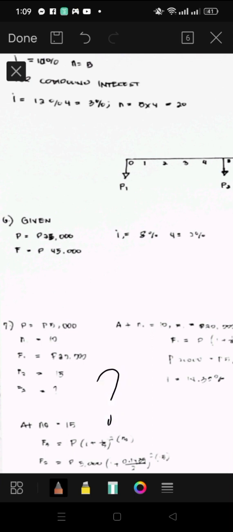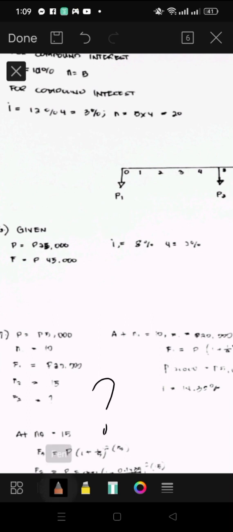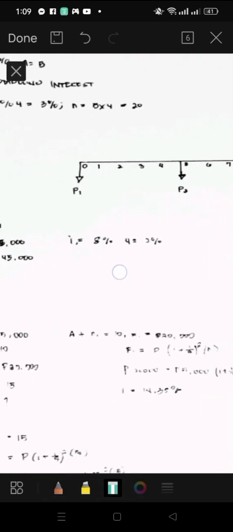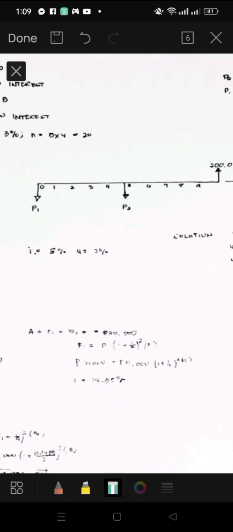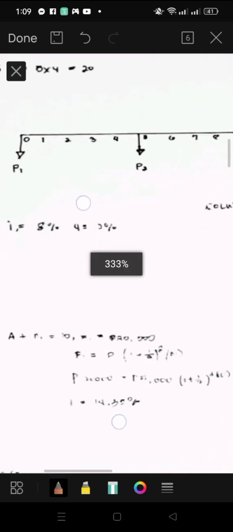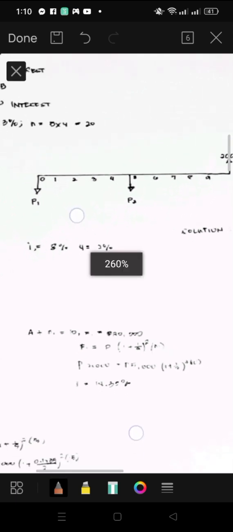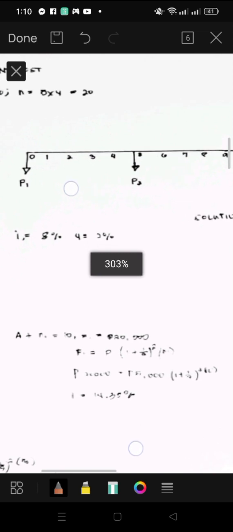Then n1 is 10, and F1 is 20,000, then n2 is 15. Then F2 is unknown and is required. So what is the amount at the end of 15 years? This is the solution for compound interest.